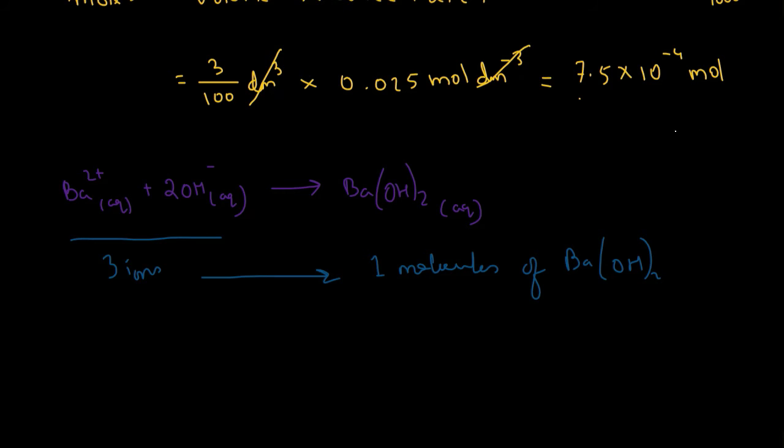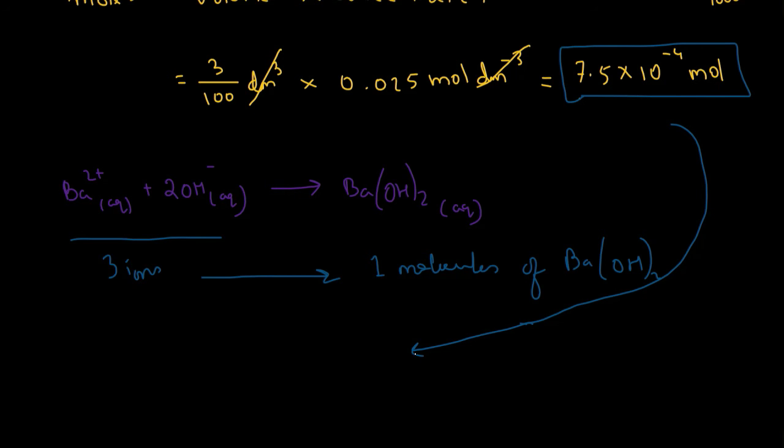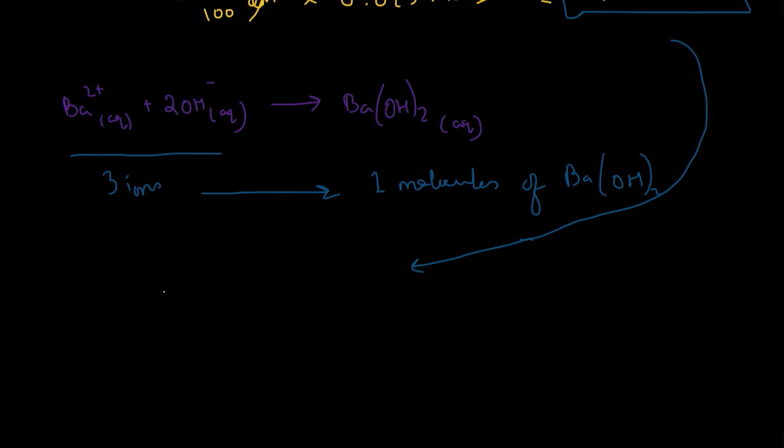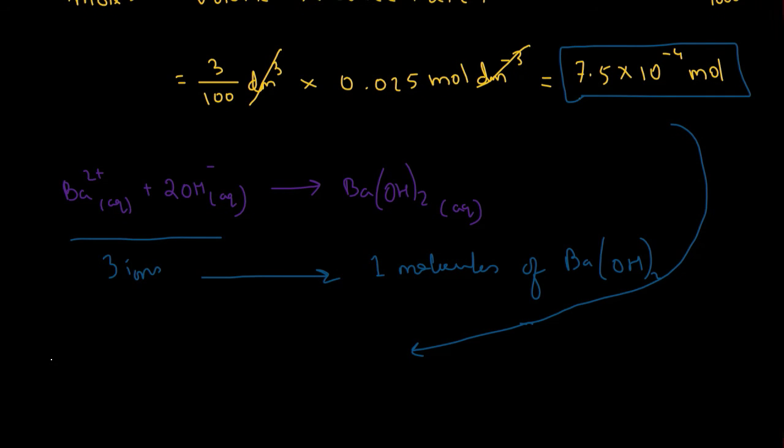So we have the moles of barium hydroxide here. To find the total number of ions, we have to multiply the number of moles of barium hydroxide by 3 to get the total number of ions present. So let's do that.